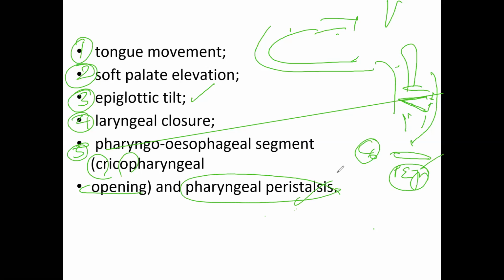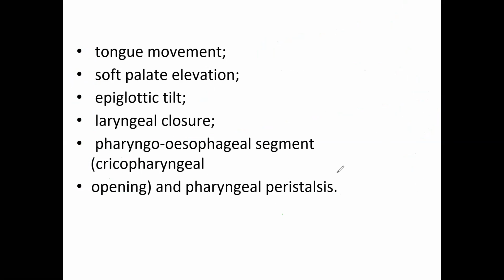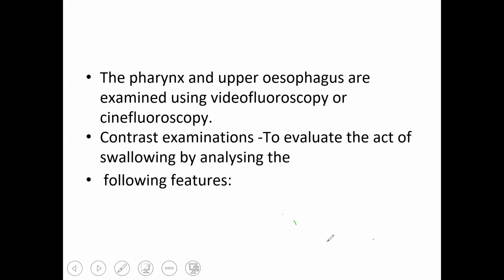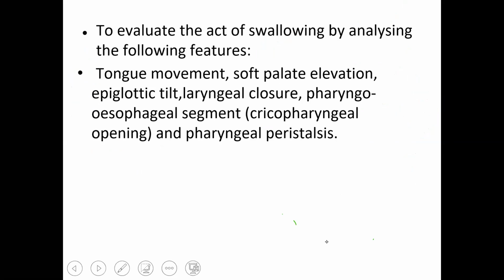All these things can be evaluated by this contrast study. To evaluate the act of swallowing, we analyze: tongue movement, soft palate elevation, epiglottic tilt, laryngeal closure, pharyngoesophageal segment, and the pharyngeal peristalsis.